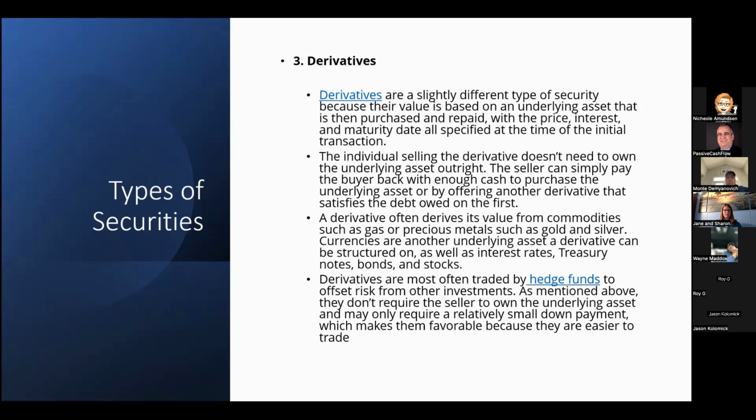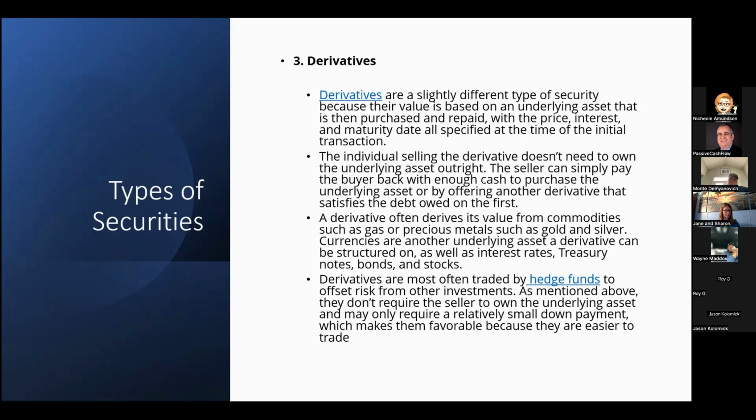So the difference is, an example would be if you are selling options for corn, let's say, that you are betting that corn right now is selling at $10 a bushel. That's the underlying asset. Corn is the underlying asset.